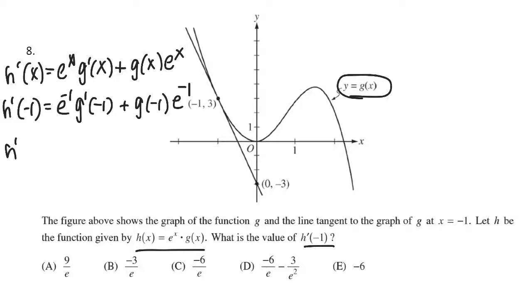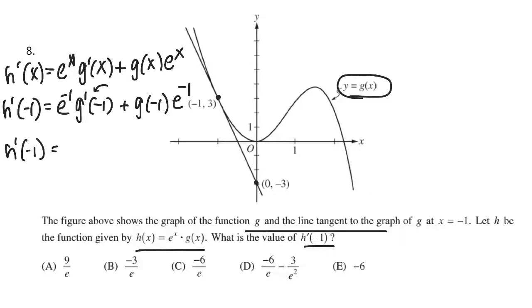So h prime of negative 1 equals, well, g prime at negative 1, that's going to be the slope of the line connecting here, because we know this line here is tangent because it told us down here that that is the tangent line. And again, from when we very first started talking about derivatives, that was the whole idea, that this was the slope of the tangent line at negative 1.